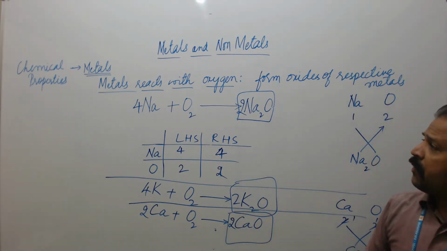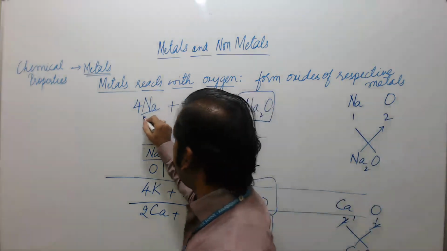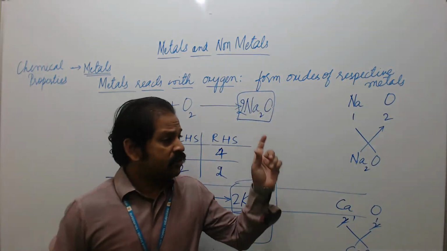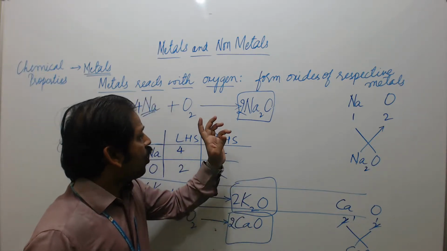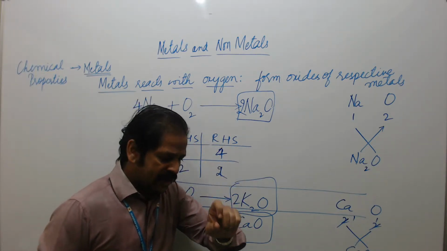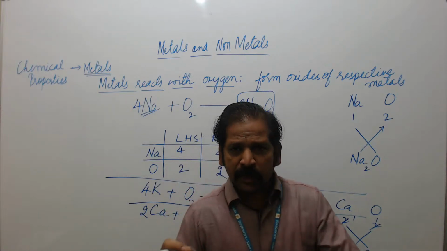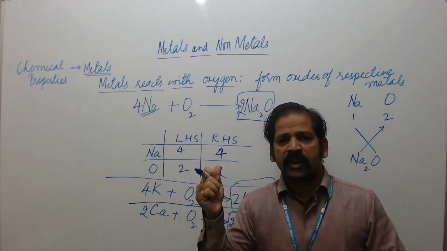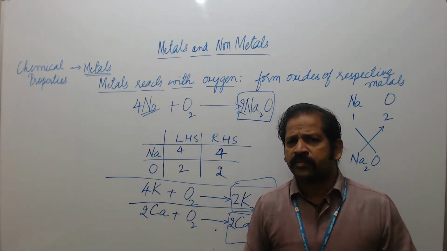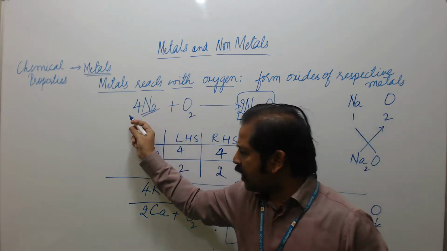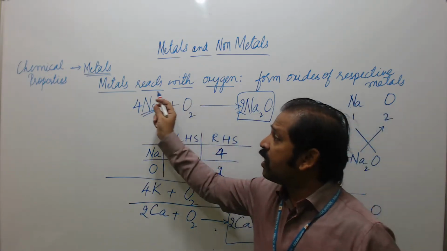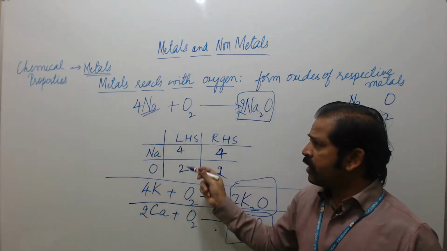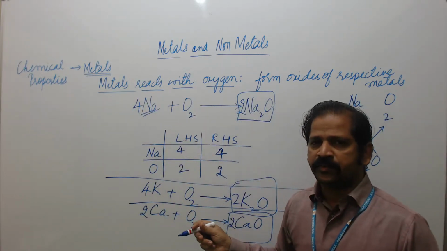Why are these three taken first? These three elements react vigorously with oxygen. When you take sodium or potassium and put it in the atmosphere, it immediately starts to react. So I took these elements first as per the reactivity, because they make up the reactivity series.